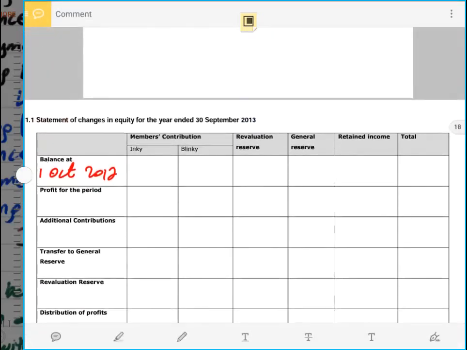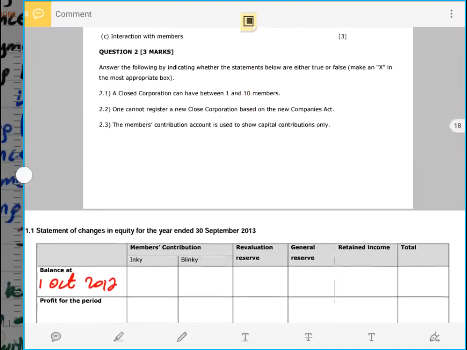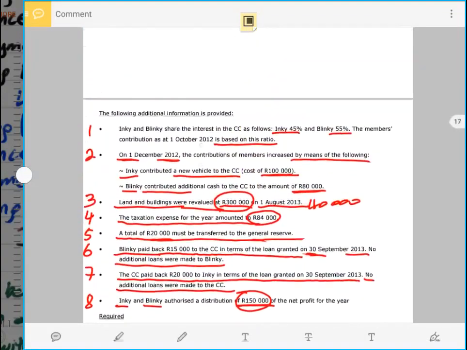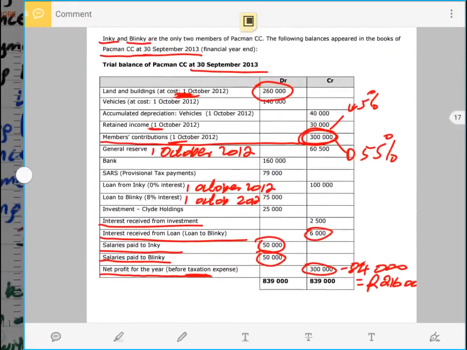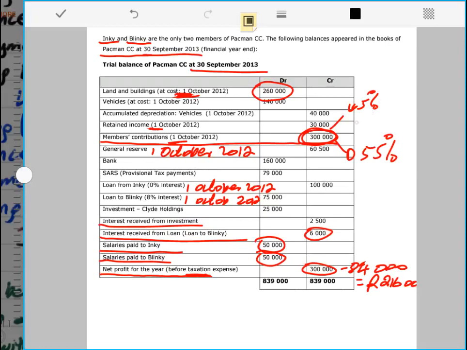Then now we start with the opening balance. Remember, with regard to the members' contribution, we were told that the total contribution of members is an amount of 300,000 rands. Here is the total contribution that is combined. Therefore, if you multiply 300,000 rands by 45%, that should give us an amount of 135,000 rands.